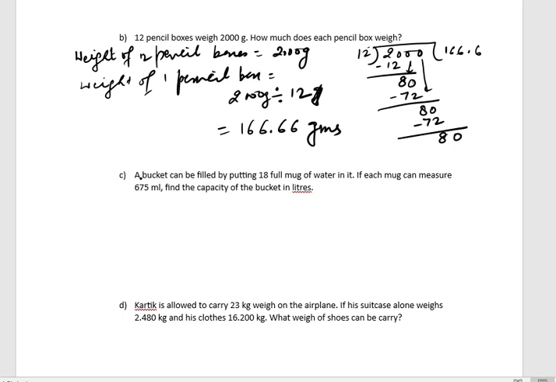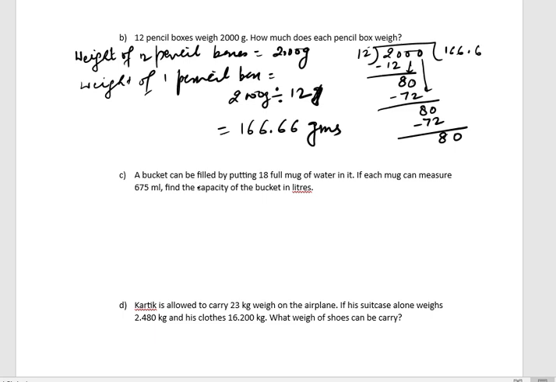Now the next question is, the bucket can be filled by putting 18 full mugs of water in it. If each mug can measure 675 milliliters, find the capacity of the bucket in liters. So first we have to multiply, and then we can convert into liters.